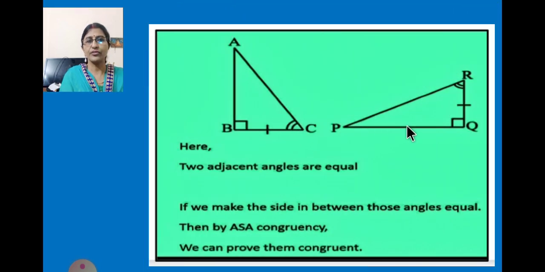Now these are the two triangles given. And here you can see two adjacent angles are equal. These two are adjacent angles, angle B and angle C, and here angle Q and angle R, they are adjacent and they are equal.